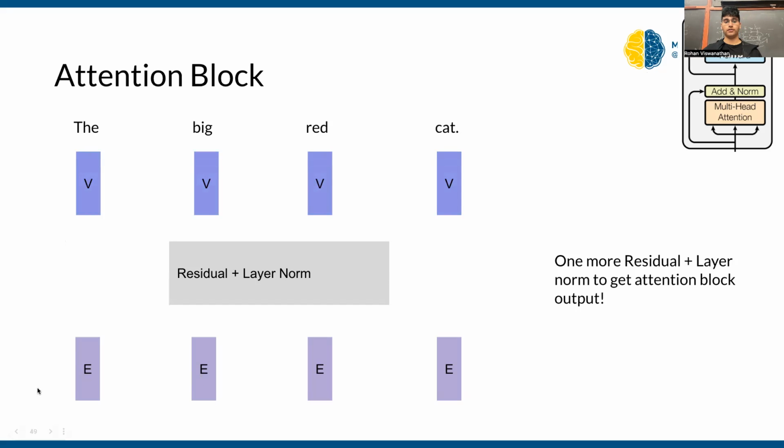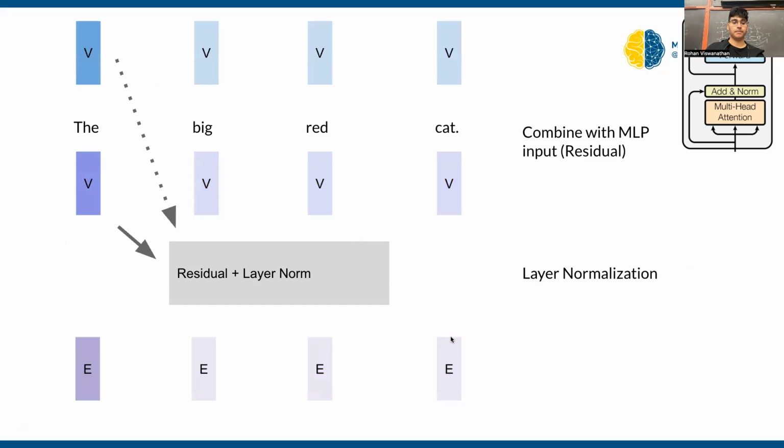So you're translating these new values into embeddings, combining again using residuals, and passing it through another layer norm. All of this is getting more in depth into the actual implementation described in the paper, but essentially it's just a combination of residuals and layer norms that you're putting your data into.